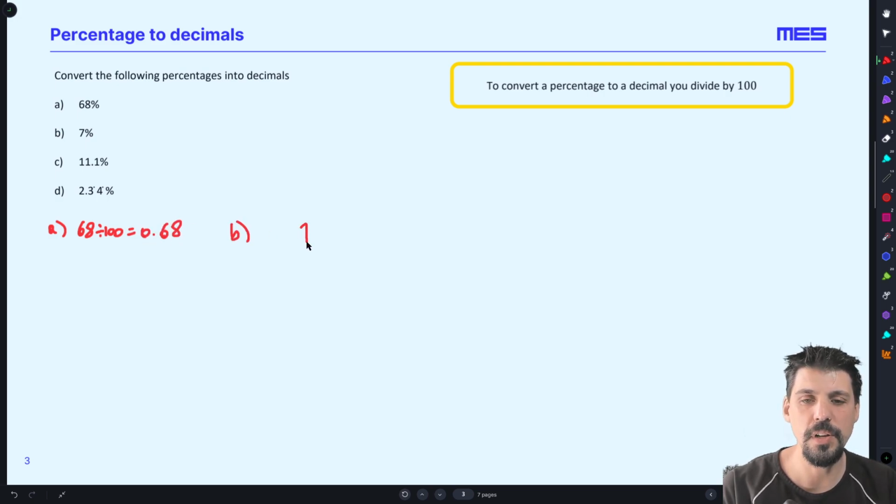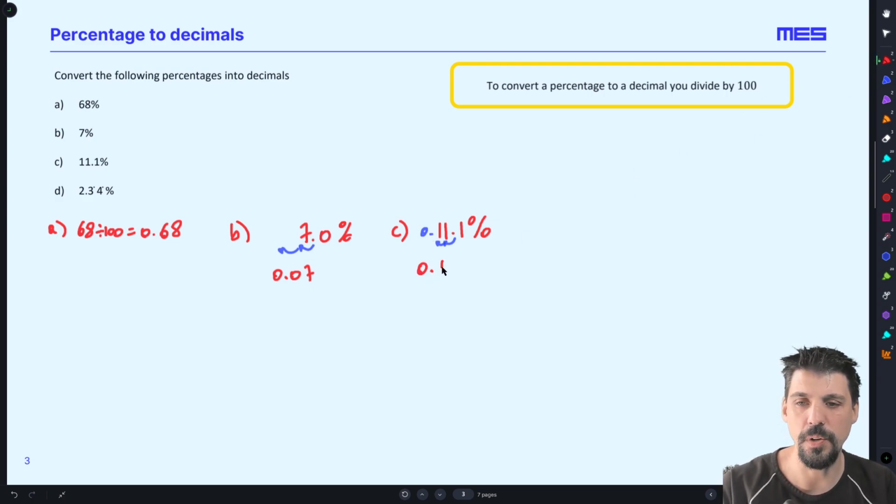With 7.0%, we are essentially moving the decimal place 2 spaces to the left, so we end up with 0.07 as a decimal. 11.1%, we are dividing that by 100, which means moving the decimal place 2 spaces to the left.